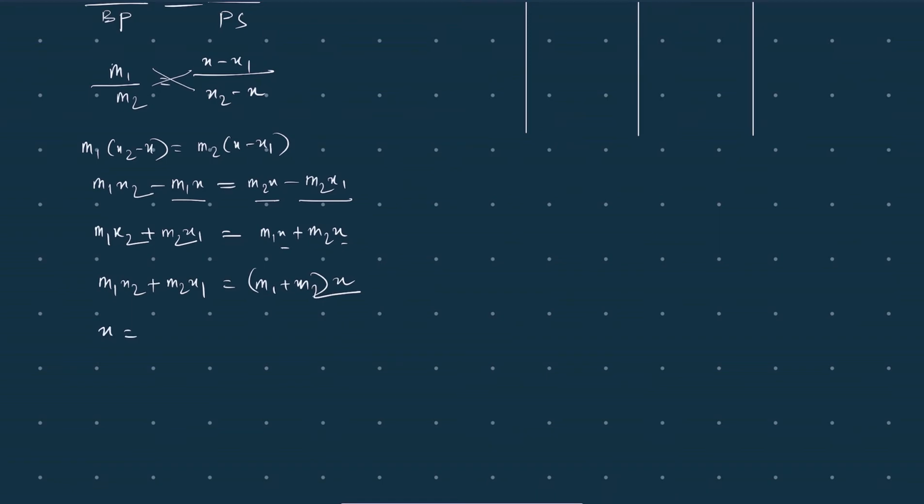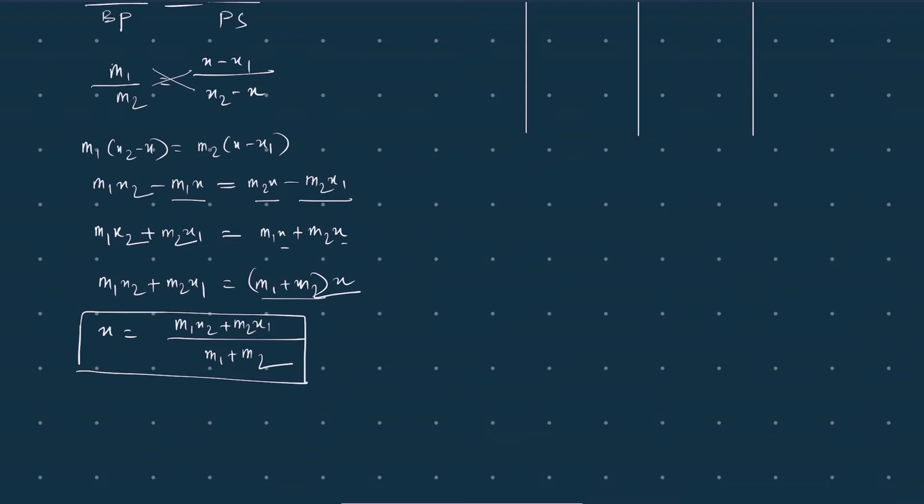X is nothing but, if I'm going to bring this m1 plus m2 to the left hand side, it is going to be divided, because first it was multiplied in the right hand side. If I'm going to bring it to the left hand side, it is going to be divided. So m1 x2 plus m2 x1 by m1 plus m2. This is for the x coordinate.